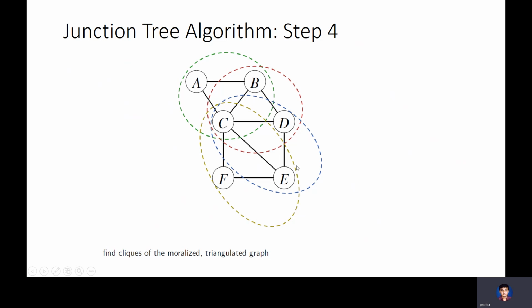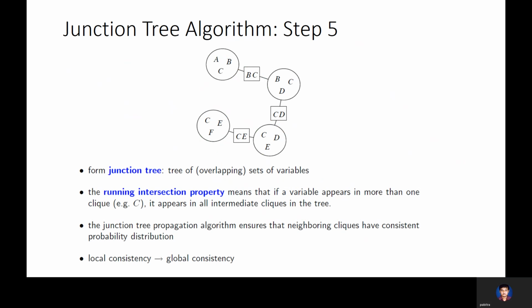You can marginalize over E to get a distribution over C from this blue clique. You can marginalize over F to get a distribution over C from this green clique. Both of them should be the same. They should agree. So this should be ensured, and the running intersection property basically ensures that.